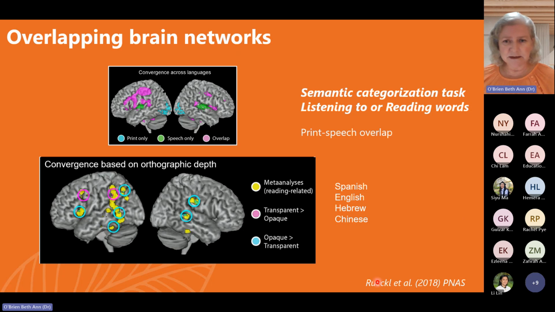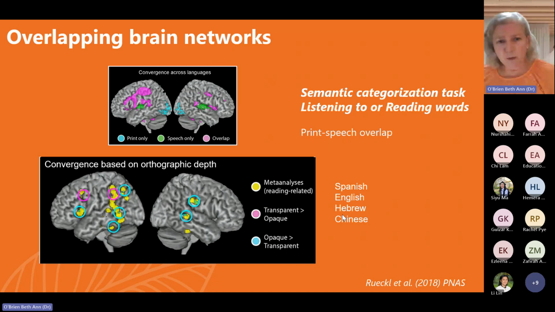So in this case, the yellow parts of the brain that are highlighted, so this is the left side and this is the right side, were identified as reading network areas.